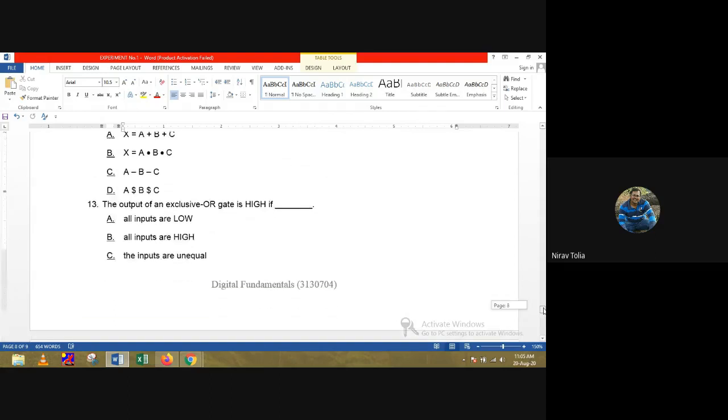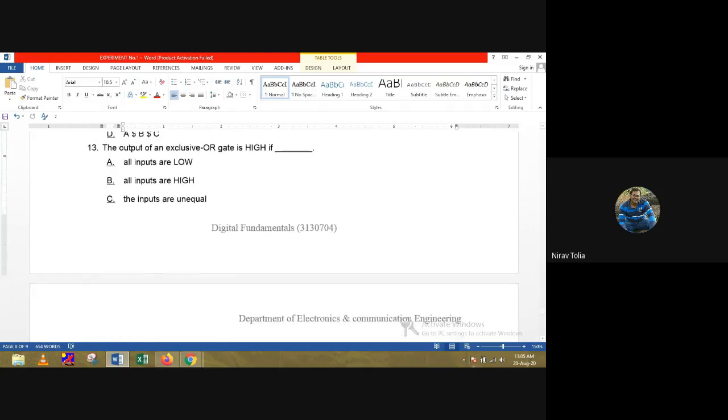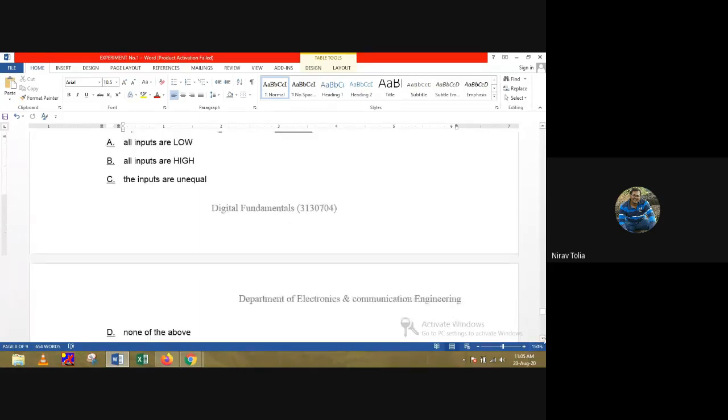Now the last one. Sorry. Now the output of the exclusive OR gate. The output of the exclusive OR gate is high if all the inputs are low, if all the inputs are high, if the inputs are unequal, or none of the above.